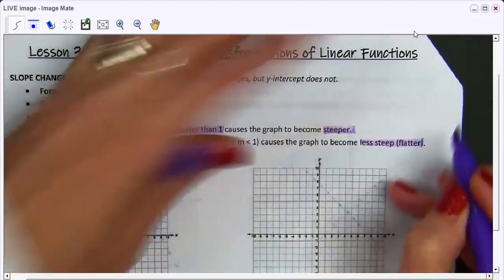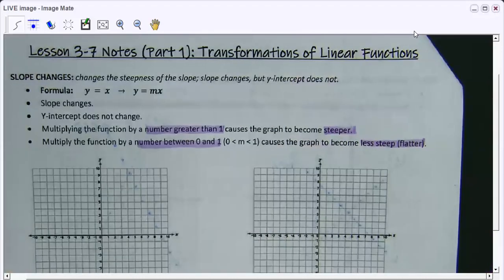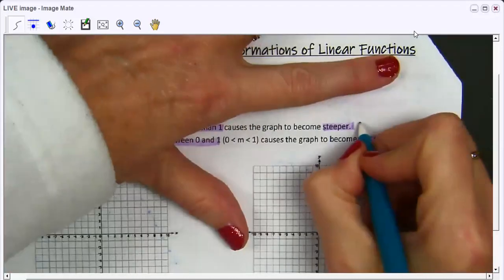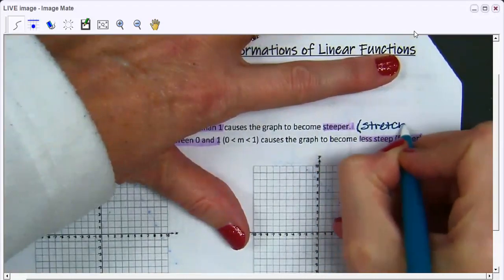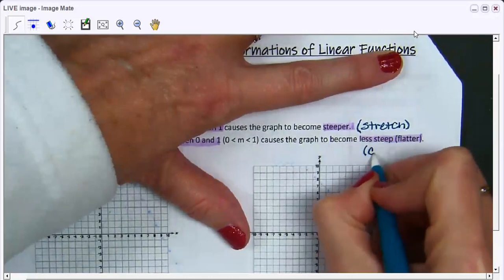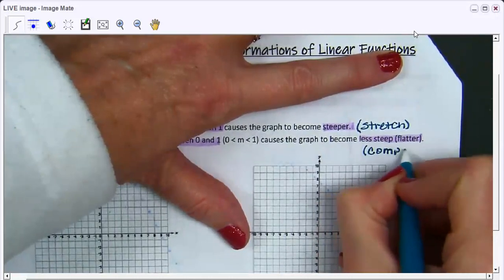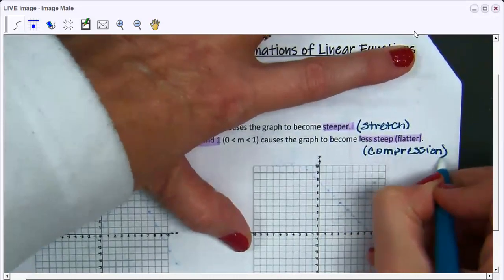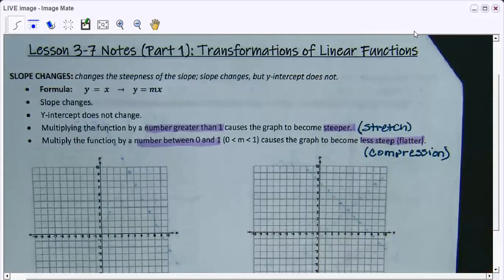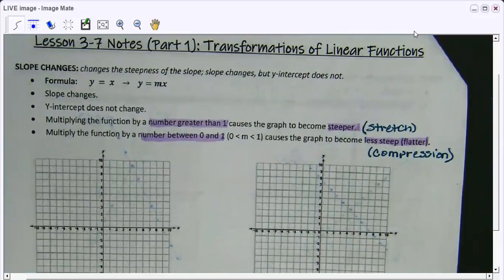And I want you to label this. Okay. This one is a stretch. And this one is a compression. And I want you to use stretch and compression in your vocabulary rather than steeper or less steep. Okay. So use stretch and compression. Steeper is stretch, yes.